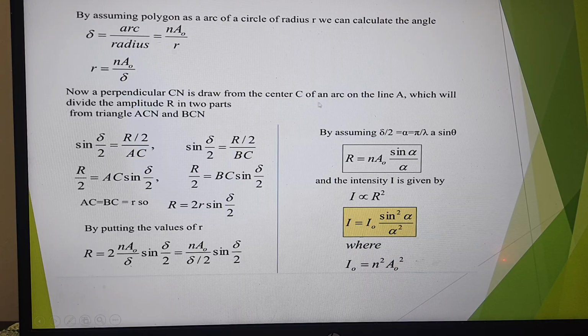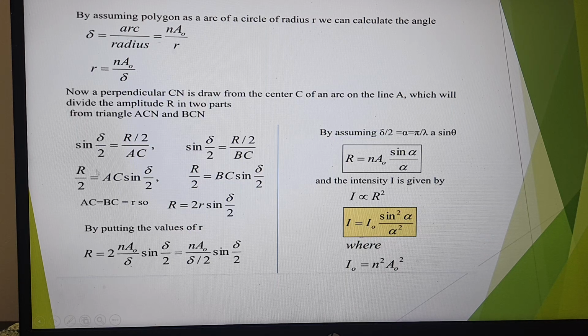Then from the polygon arc we apply it here. CN is drawn perpendicular from the center C of the arc, which divides the amplitude R into two parts, that is triangle ACN and triangle BCN.